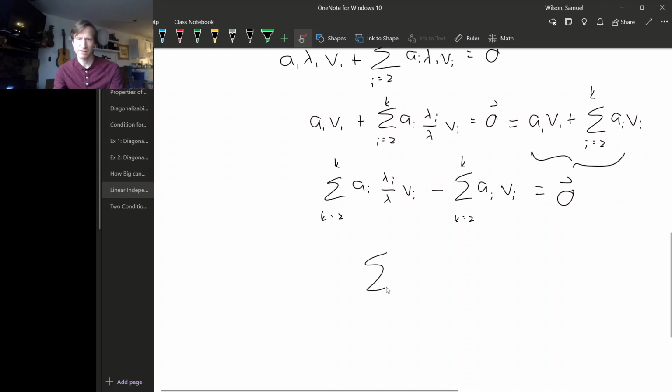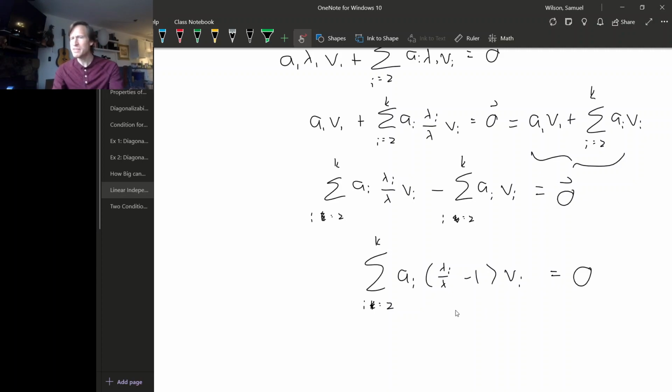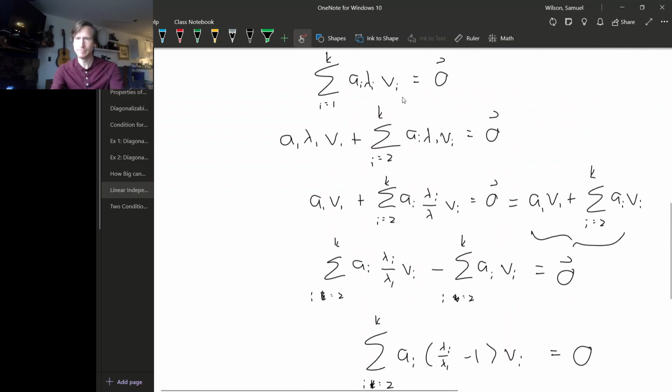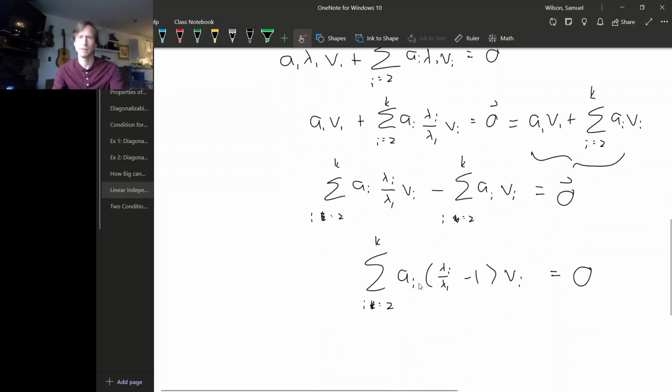Sorry, I started writing k's; these should be i's. So this is the sum from i equals 2 to k of ai times, right, each of these has a vi term for i from 2 to k, so we can factor out the vi, and we get lambda i over lambda 1 minus 1. Oh, this should be lambda 1 right here, and there.